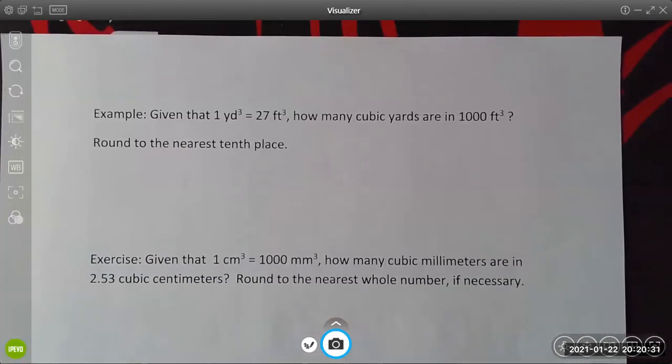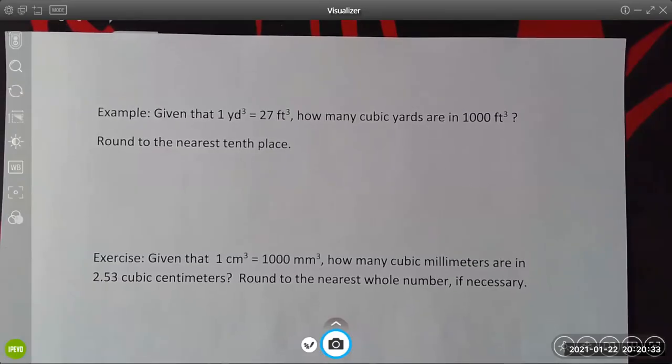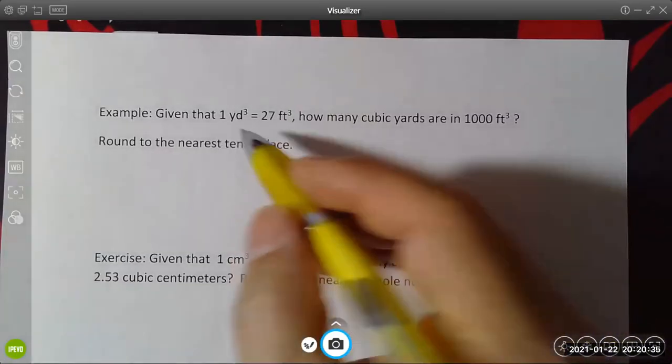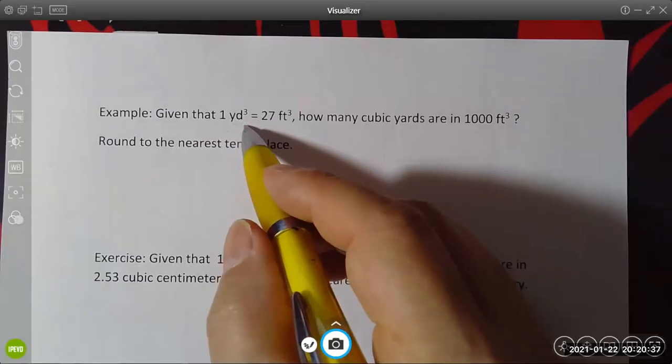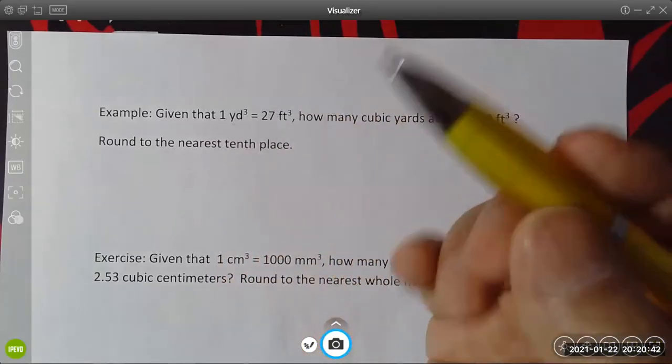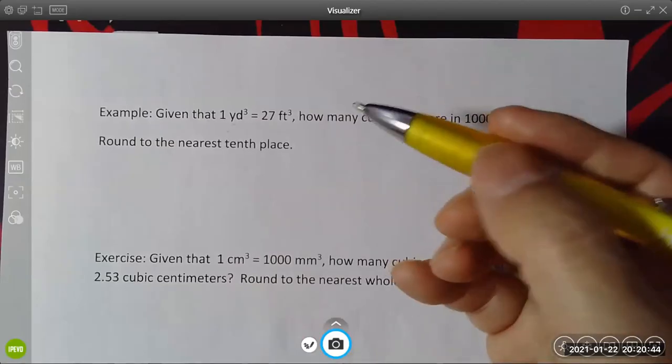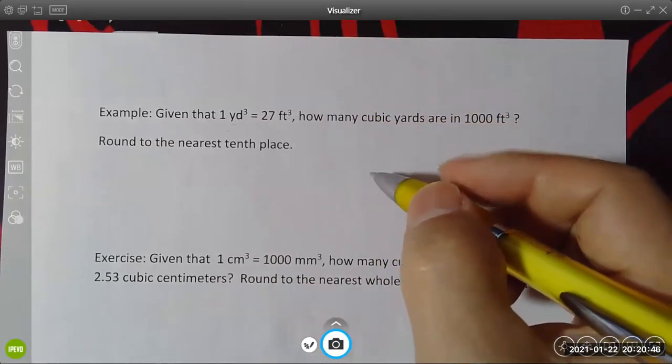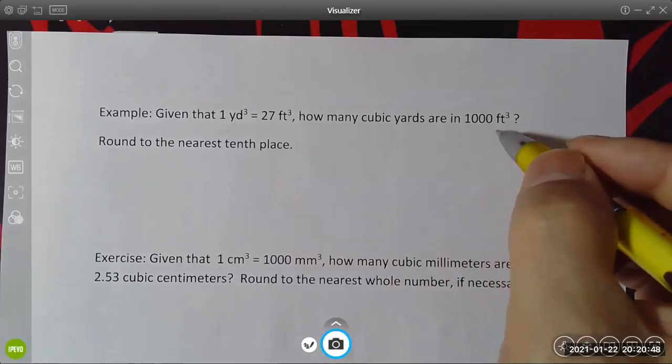Okay, and the last topic for this video is volume conversions. Given that 1 cubic yard equals 27 cubic feet, how many cubic yards are in 1,000 cubic feet?